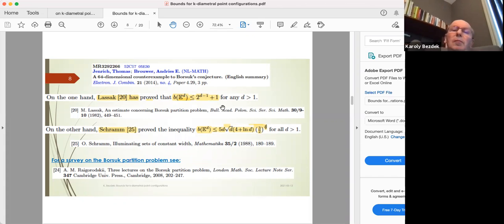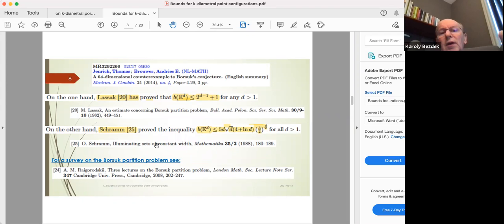So we can always partition any set of diameter 1 into that many sets of smaller diameter. And this has been improved for larger dimensions by Schramm. His upper bound you see here, still exponential in d, but better than Lassak's upper bound if d is at least actually 18.